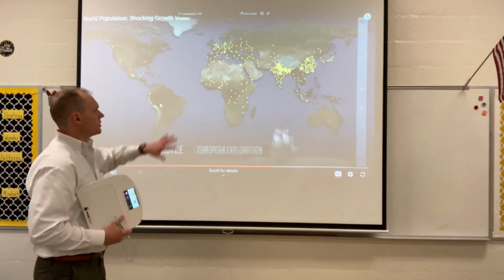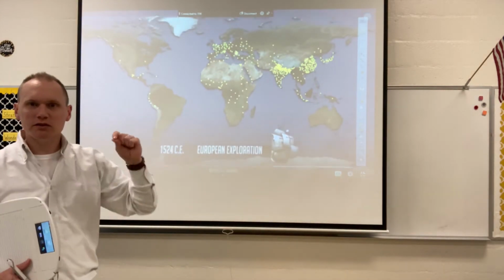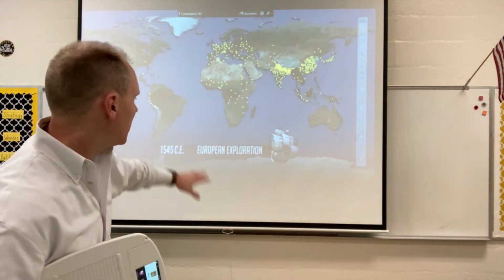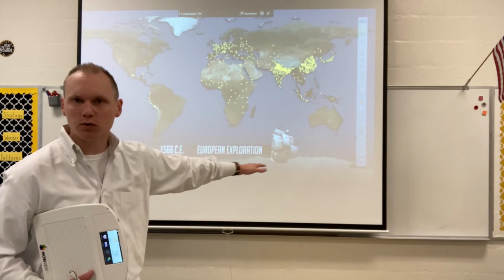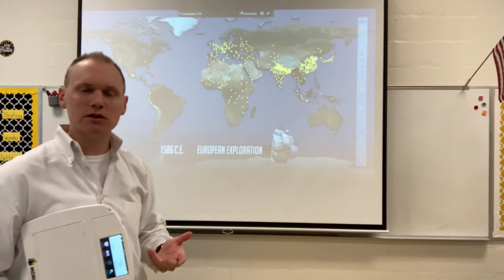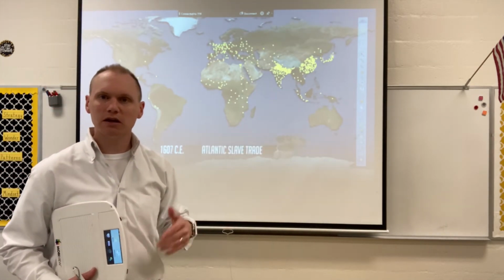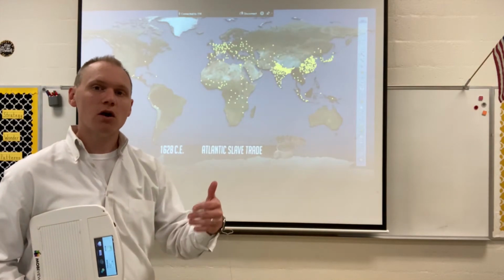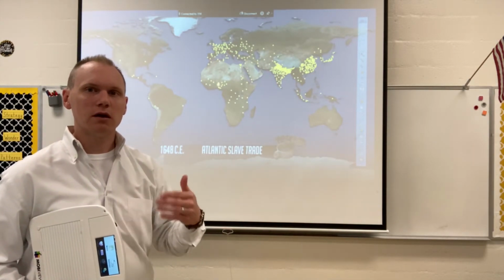So this represents population, and every single dot represents 1 million people. We started in the 1400s, and as we're increasing now, I want you to pay attention to how quickly things are increasing. Is it increasing at a constant rate, or is it maybe getting quicker and quicker?